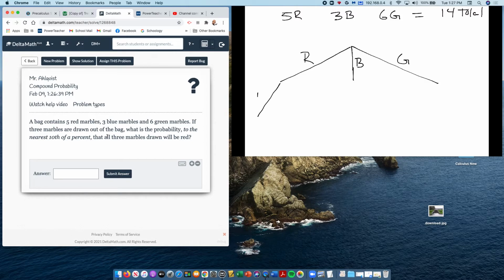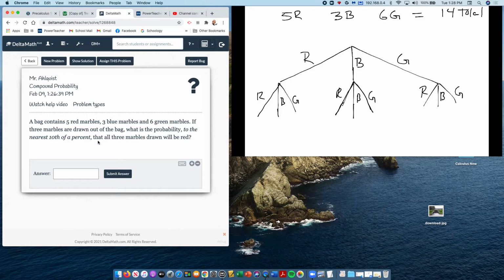So we could pick a red, a blue, or a green, and again a red, a blue, or a green. As you get a bigger and bigger tree diagram, it gets more challenging to draw the whole thing. They get pretty big, especially when you have three things.